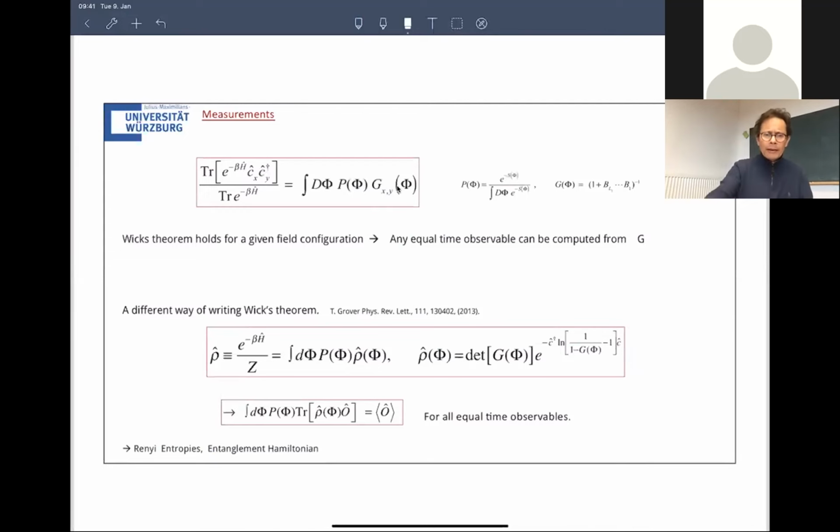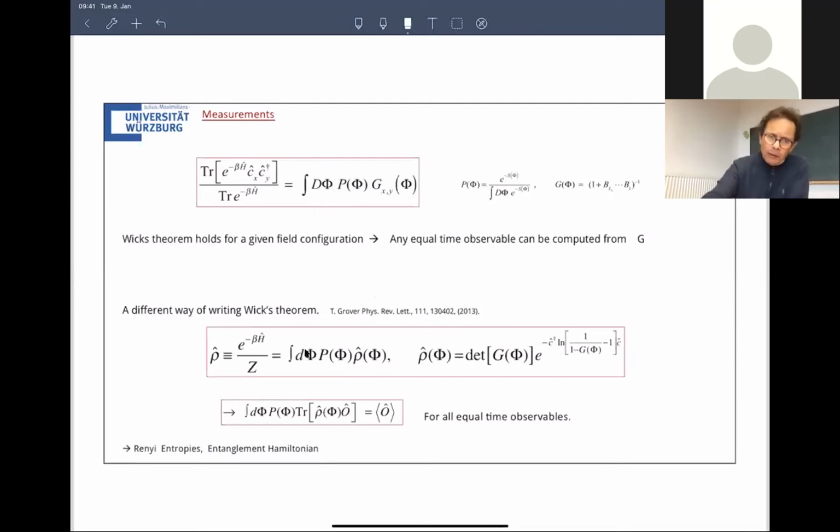Let me note that there is an extremely elegant way of reformulating Wick's theorem, done by Tarun in 2013. Essentially, it elevates the auxiliary field equation, which is an identity between two numbers, to an operator identity.